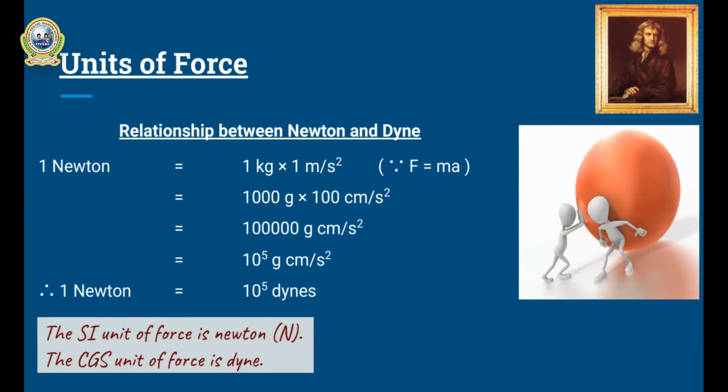This is very important. This is the thing that you have to know, or let's say you have to memorize: units of force. Force can be expressed either in the SI system or the CGS system.